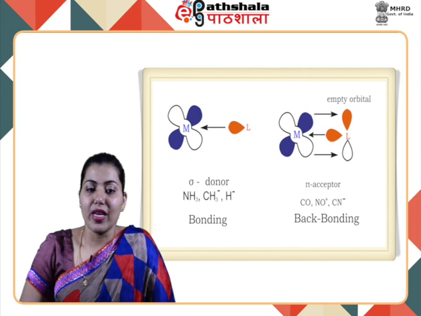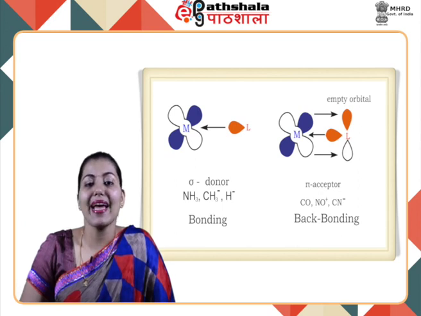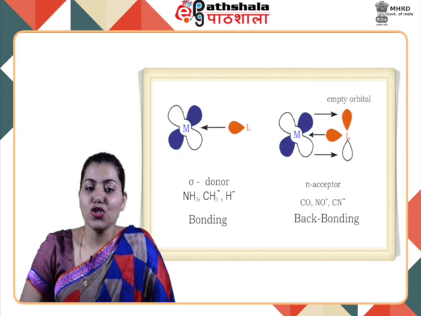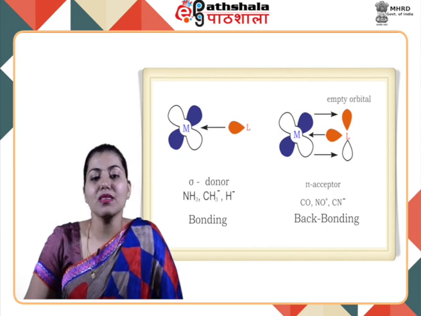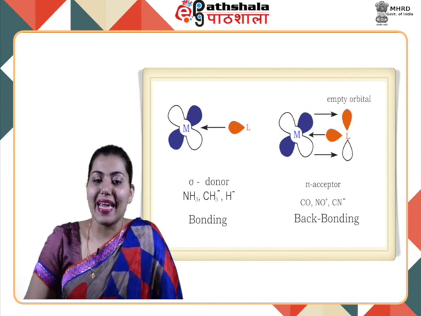Here in figure 3, the concept of donation and back donation in the pi acceptor ligands has been shown. A sigma donor and a sigma acceptor type of ligand has been shown. The examples include NH3, CH3 negative and H negative, whereas for pi acceptor type of ligands, the examples include CO, NO plus and CN minus.